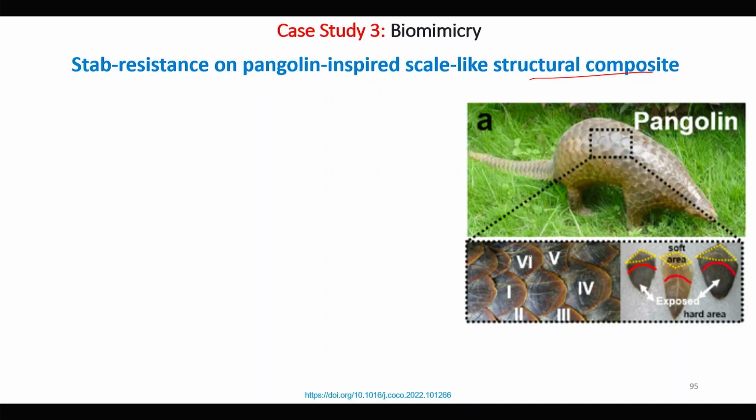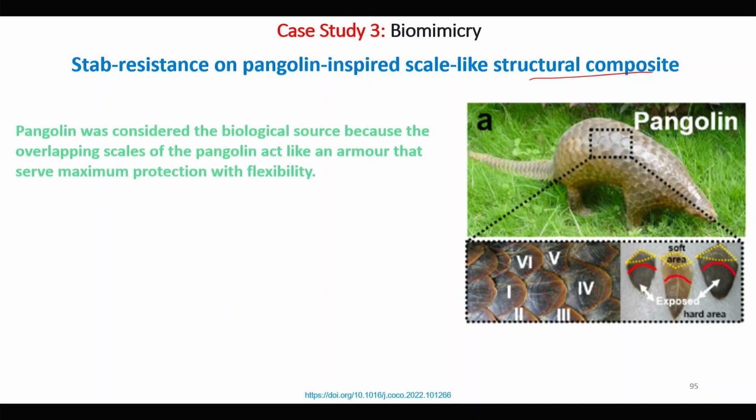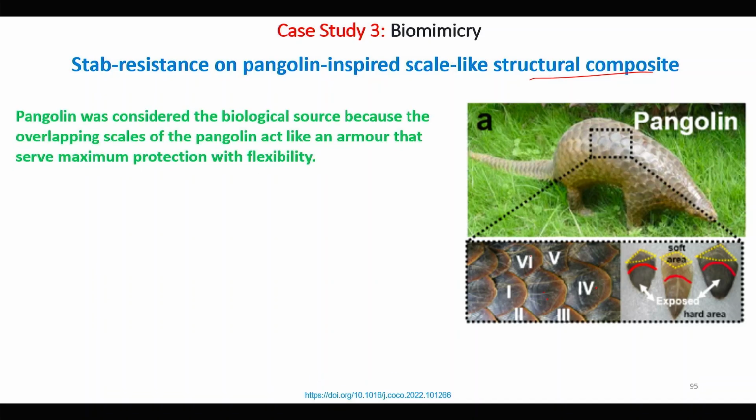If we see their scale structure, here there are two areas, one is the hard area, and the other is the joint, the exposed area. So, that makes it flexible with a high penetration force.